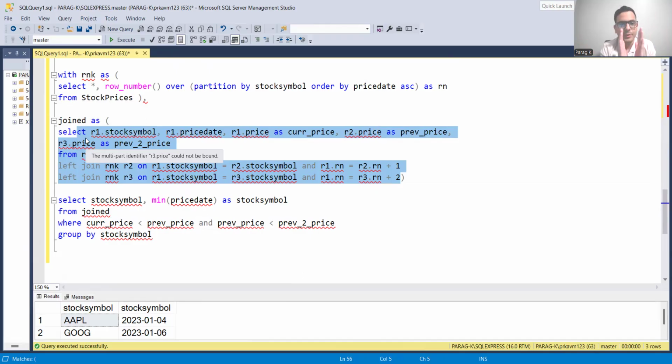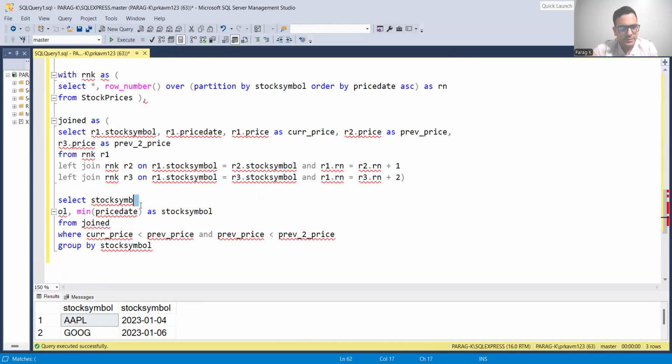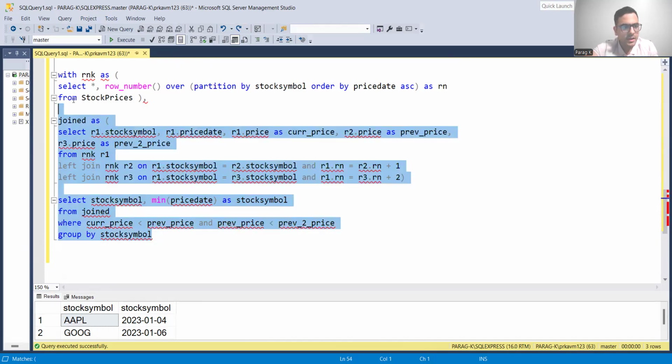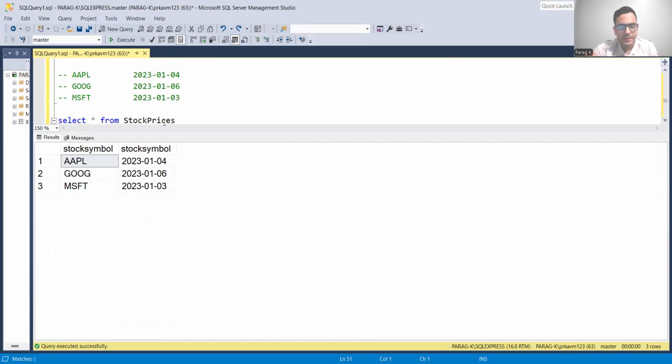Joined all the three, got 3 prices side by side lined with each other. And once the 3 prices were there, I could compare them very easily, right? And now I just went ahead and did this where clause here, and I think the question's working pretty all right. So that's the output we are getting, perfectly as the way we wanted.